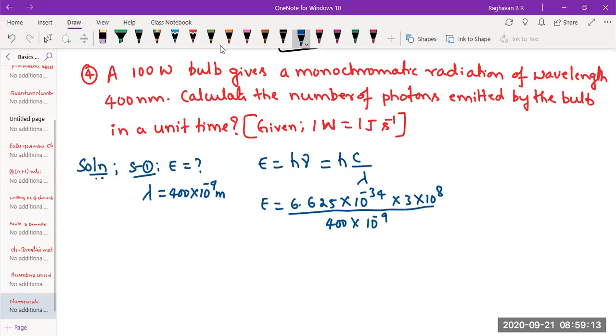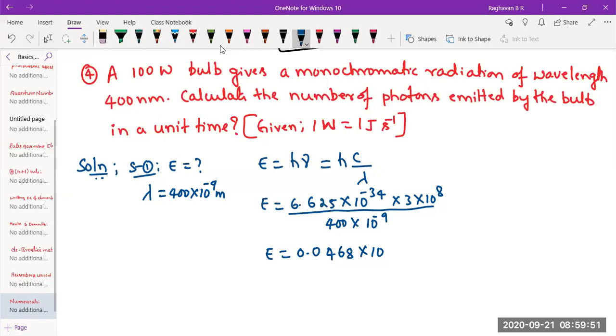So E is equal to, come on, 6.625 into 3 divided by 400. Let me know the answer. 6.625 into 3 divided by 400. Somebody? 0.04968. Okay, this minus 9 goes to the numerator, it becomes minus 17. Sir, it is 68, not 66. Okay, I'll take 68.